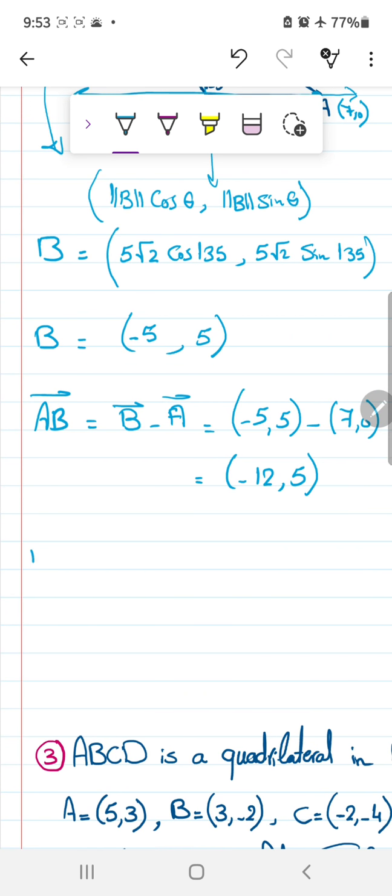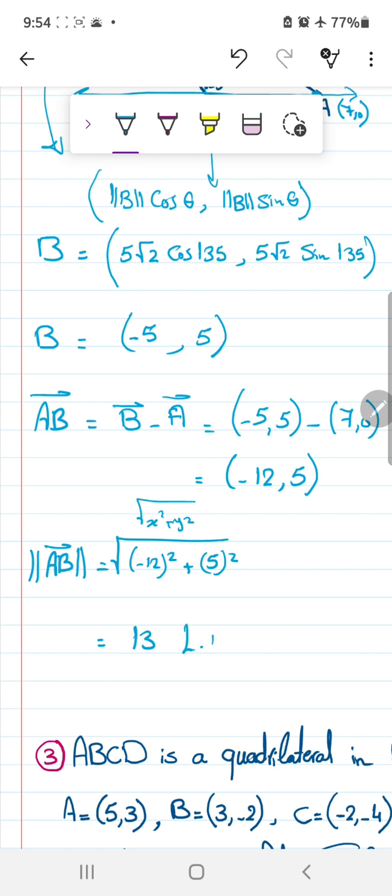Now we have to get the norm of AB: x power 2 plus y power 2 under the square root. So negative 12 power 2 plus 5 all power 2. Using your calculator, it will be 13 length units. So the length of AB, or the norm of AB, equals 13 length units.